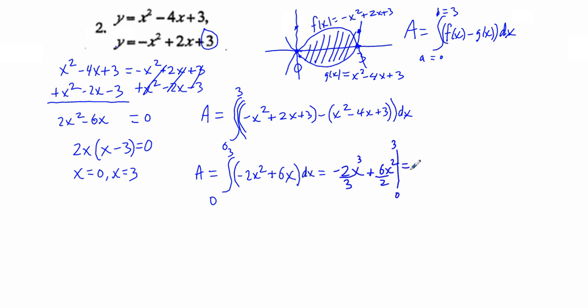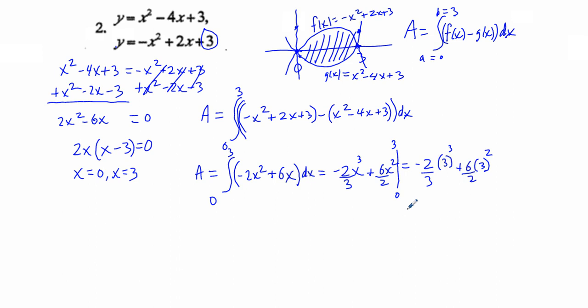And continuing to work to the right, we're going to have negative 2 times 3 cubed over 3 plus 6 times 3 squared over 2. That 6 over 2 is going to simplify to 3.